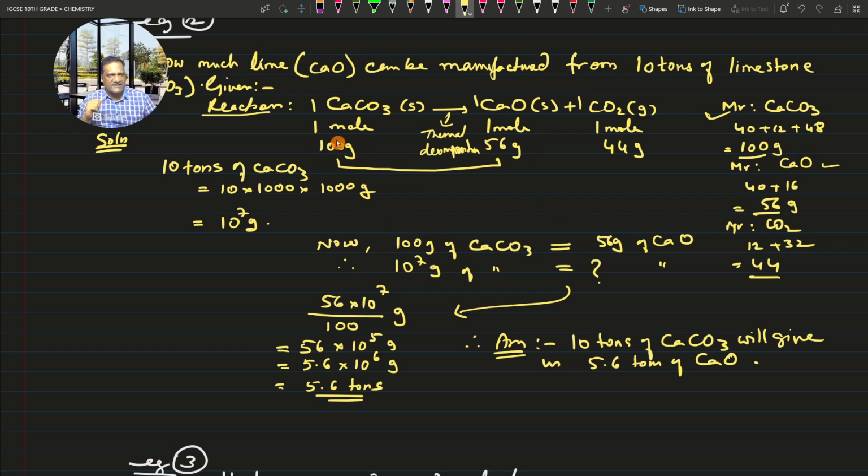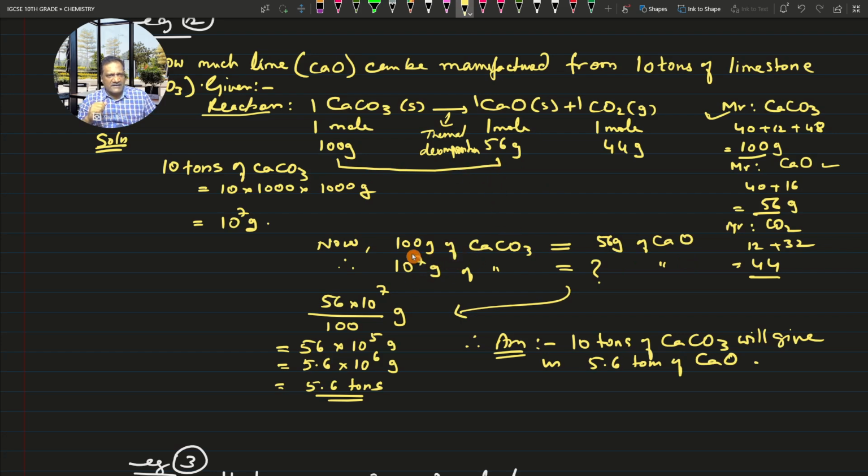The relation between calcium carbonate and calcium oxide is 1:1, isn't it? So 100 grams of calcium carbonate, from the left hand side of the equation, gives you 56 grams of calcium oxide, right? That is what this equation is telling us.